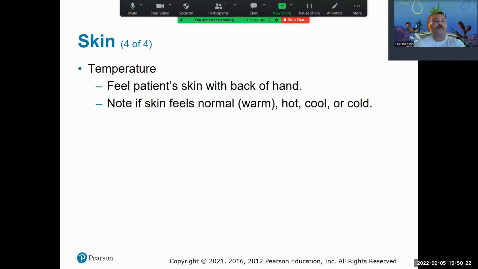If the patient was working out, we would probably not expect it to be dry. We would expect it to be at the very least moist, or possibly if they've been sweating heavily, wet. These things are normal for people that are working out. It's not normal for patients that are not working out. And so anytime that we have a patient that is not presenting with skin condition that we would expect, they're extremely moist or wet when they've just been sitting on the couch, or they've been working out all day and they're dry as bone, these are significant findings. So note the condition as well.